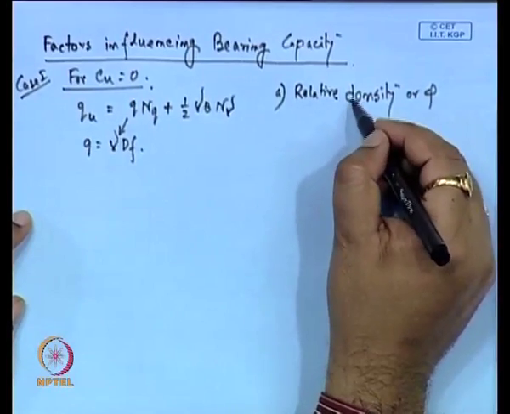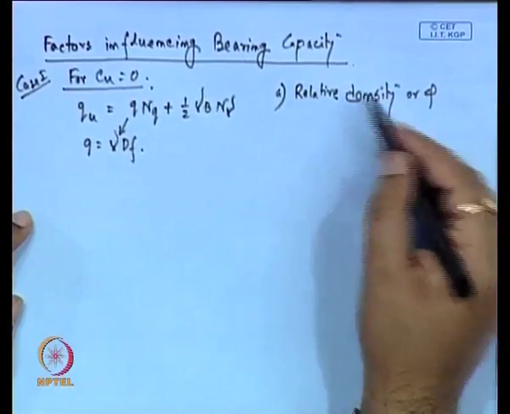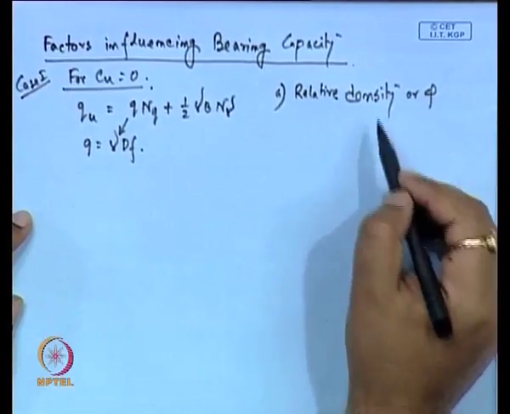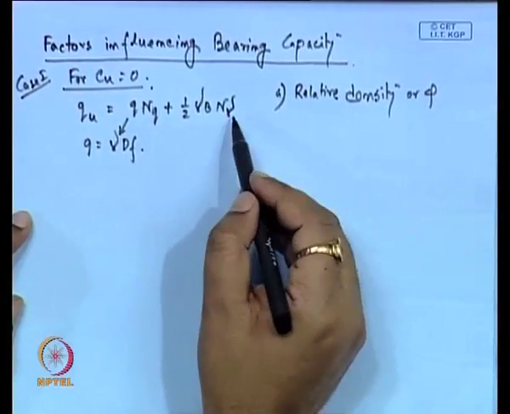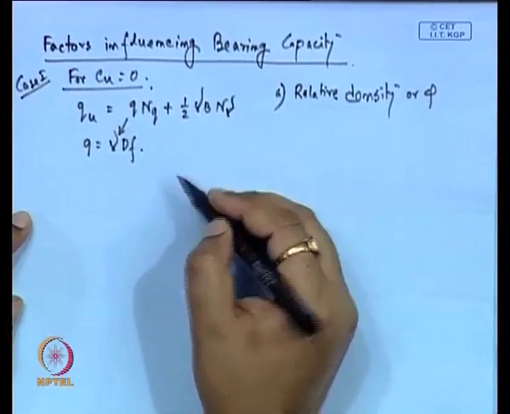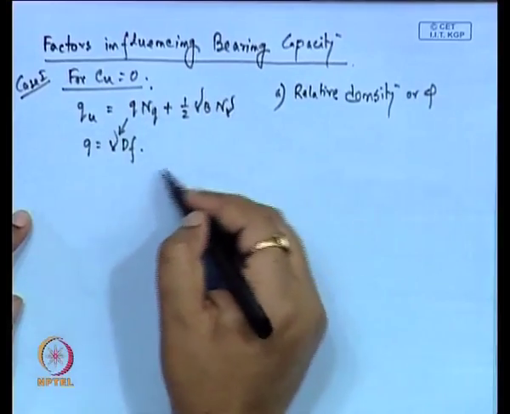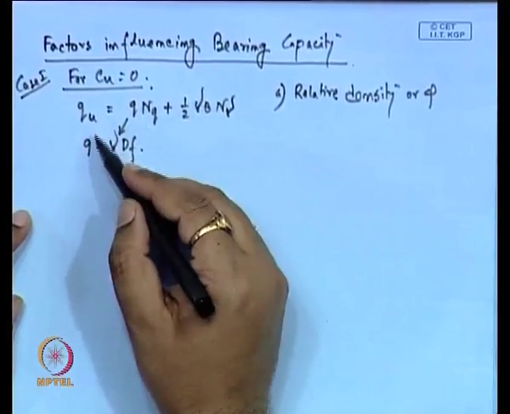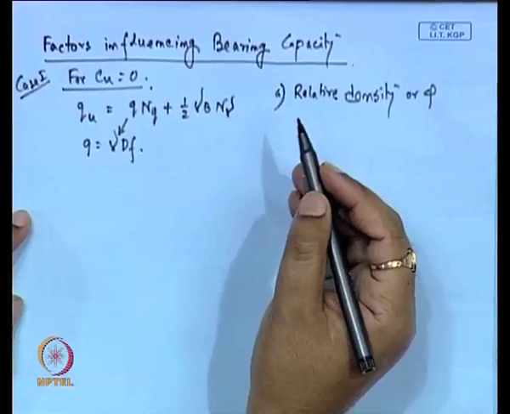Now, if relative density increases, then phi value will also increase, and if phi value increases, then the Nq and N gamma values will also increase. So, our ultimate load carrying capacity, Qu, will also increase.